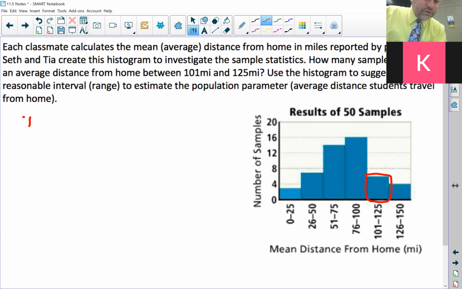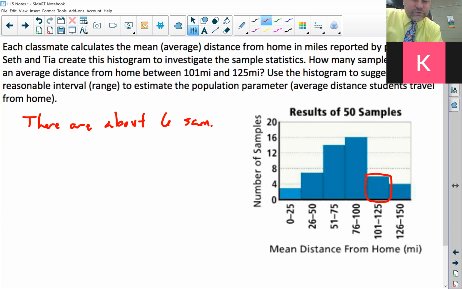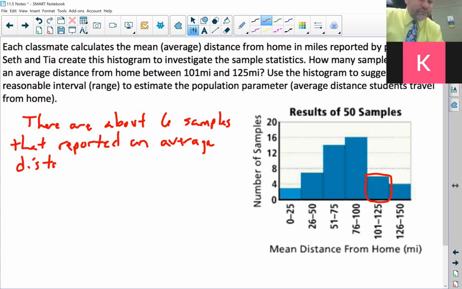So there are about 6 samples that reported an average distance between 101 and 125 miles.